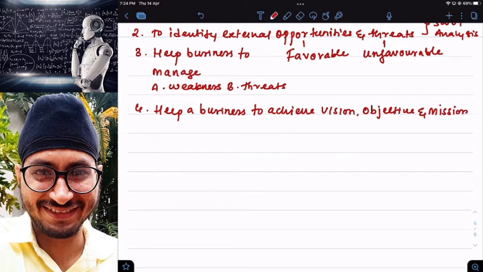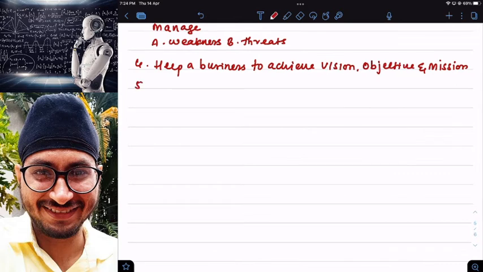Next, what else it will do? It helps organization to be more dynamic and strong. Dynamic and strong. Now, what do we mean by dynamic and what do we mean by strong?